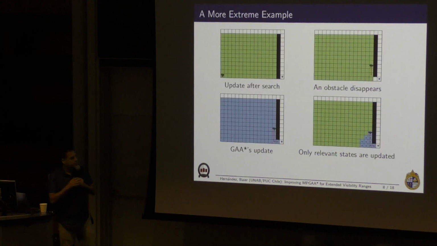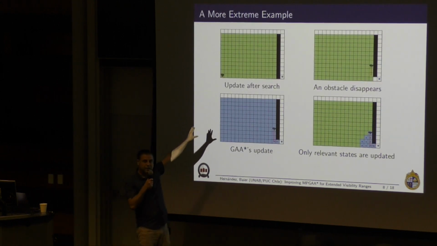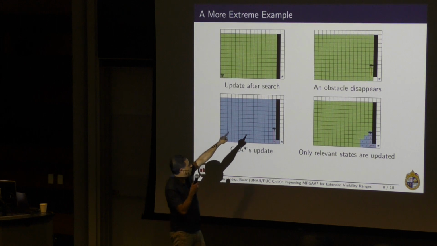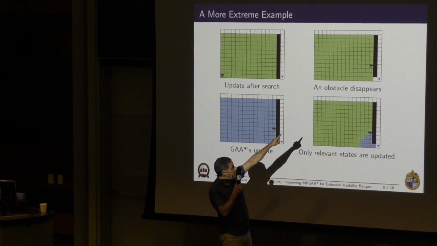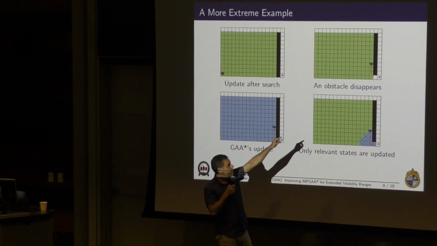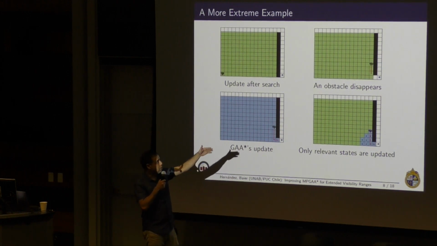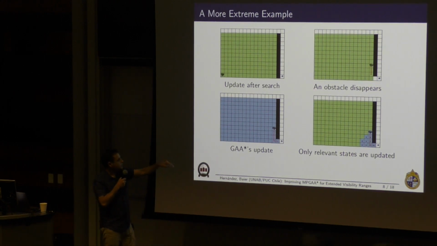And in a more extreme example, we can have these things, for instance. In this case, the agent is there. This is the goal state, and if the visibility range is 2, the agent doesn't do anything, because they don't see the change in the grid.